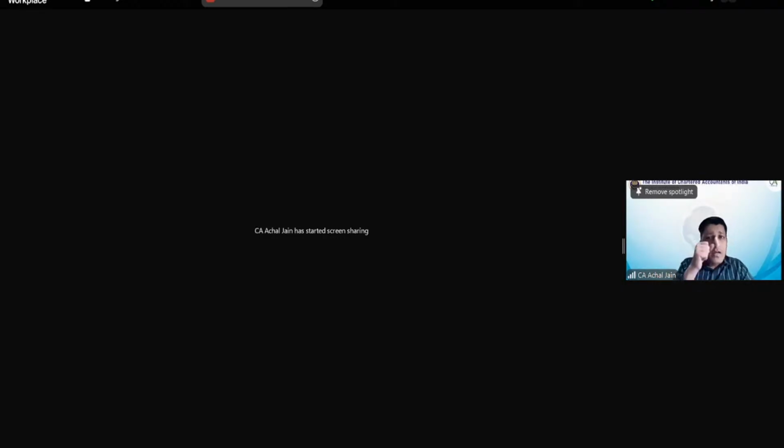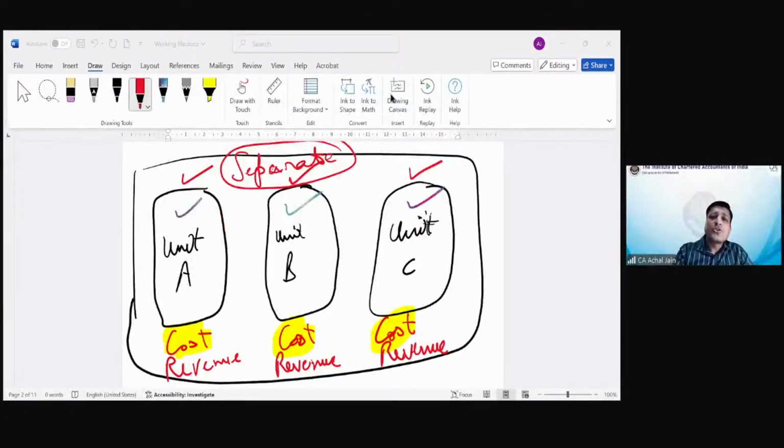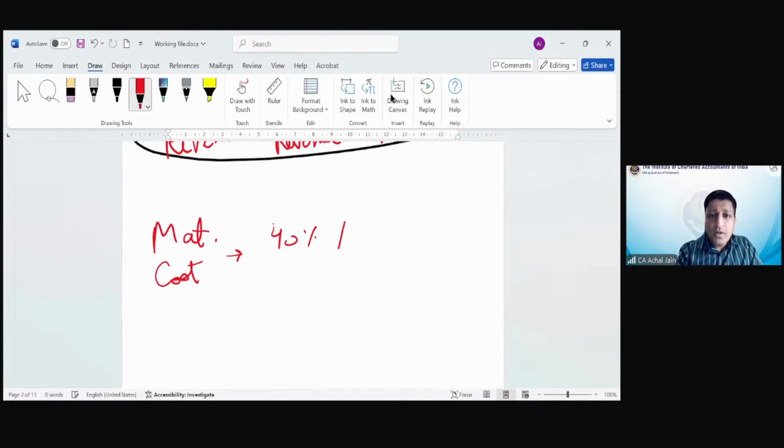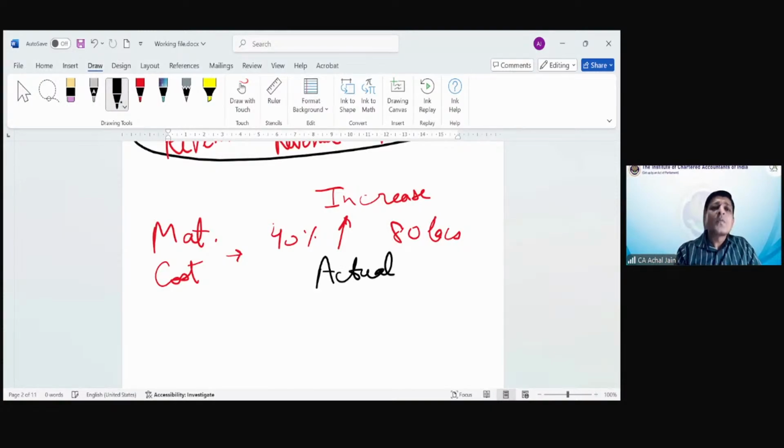So if you look at the material cost, question says that has gone up by 40%. Due to this 40% increase, what is the amount you get? 80 lakhs. So 80 lakhs is the increase. Now please remember that this increase is actual. Yes or no? So this is the actual increase.